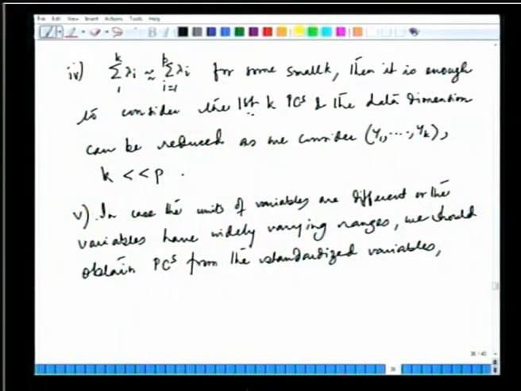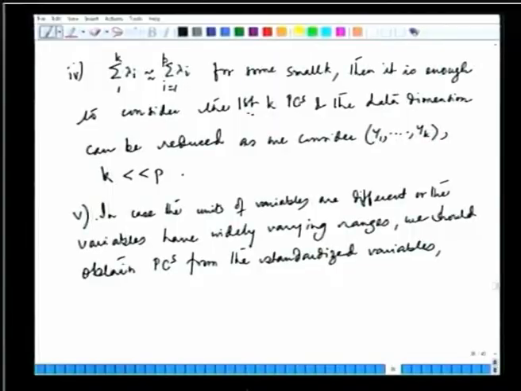So everything is getting replaced by the correlation coefficient matrix rho, where initially we worked with the covariance matrix sigma. Now our matrix of importance is the correlation coefficient matrix rho, obtained from standardized variables.